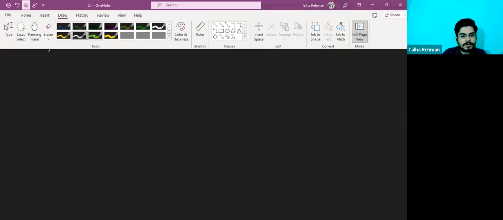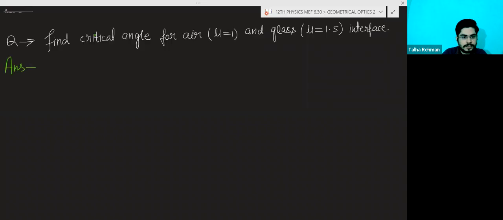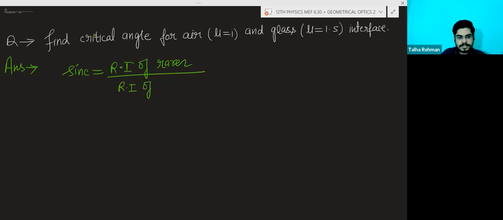Very easily you can find the critical angle. Sine of critical angle is equal to refractive index of rarer medium divided by refractive index of denser medium. What is rarer here? Air is the rarer medium, glass is the denser medium.